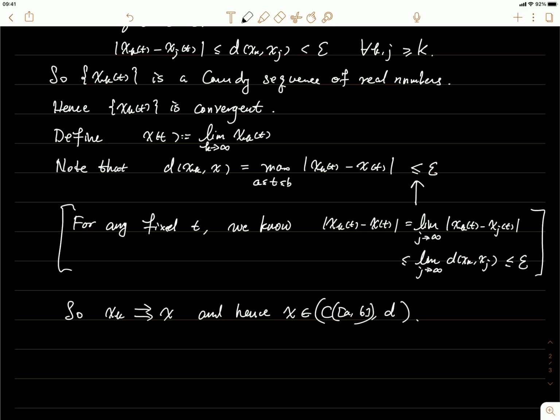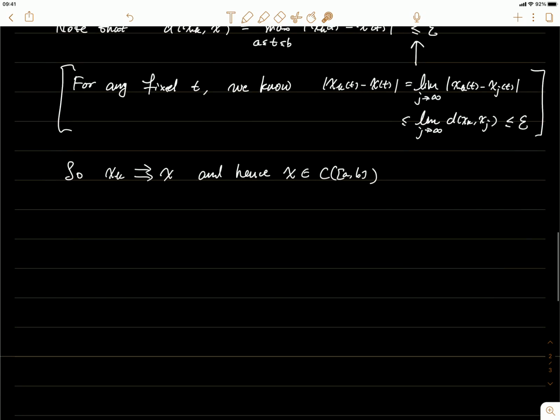Okay, I should just write this without the d. And we know that this is the uniform convergence of a sequence of continuous functions, so this must be continuous as well. Okay, so that's how we show that the space C[a,b] is a complete space.